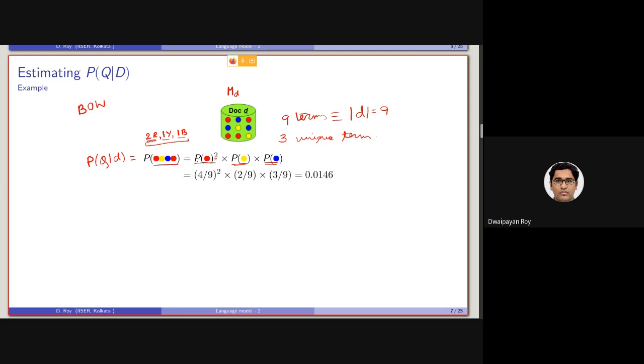Individually, each of these probabilities will be computed using maximum likelihood estimate, where we compute the term frequency of red in the document divided by the document length. Document length is 9. Term frequency of red is 1, 2, 3, 4. So it will be 4 by 9 to the power square, due to the red ball being present in the query twice. That's why square.